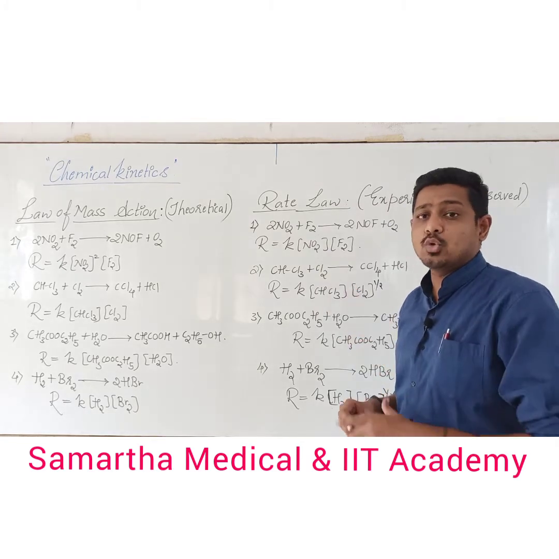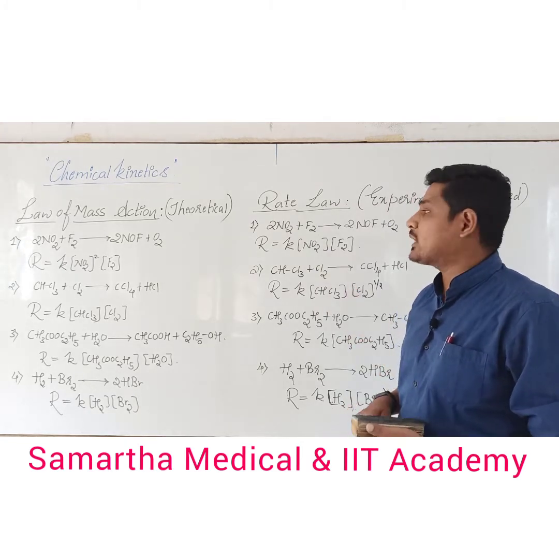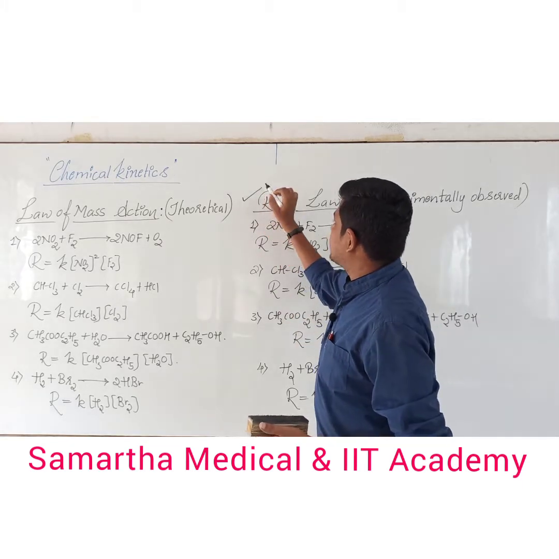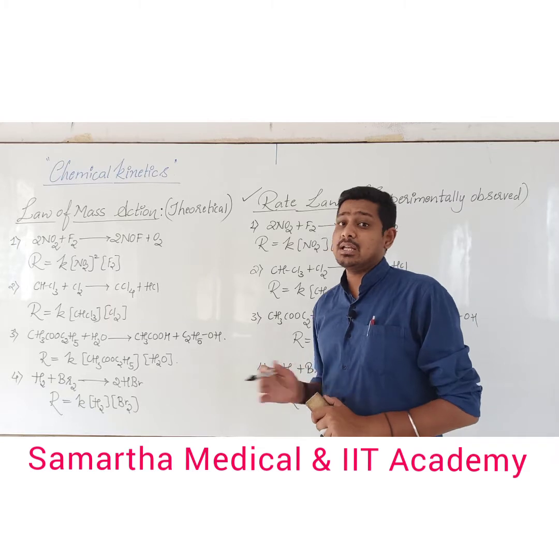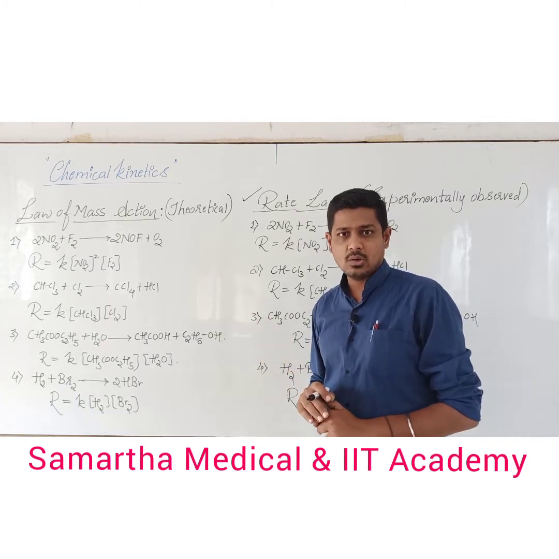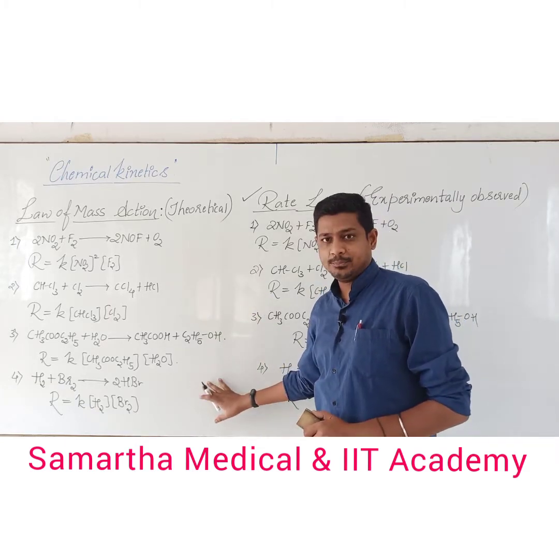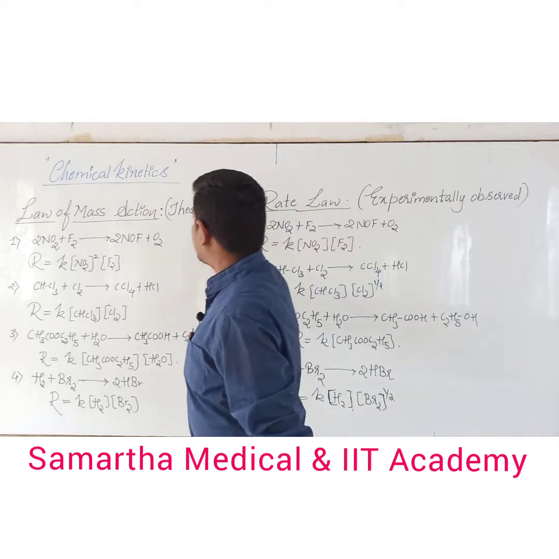Now between these two, which is the correct method? We know that the rate law is the correct method. Why? Because it is experimentally observed, while the other is theoretical.